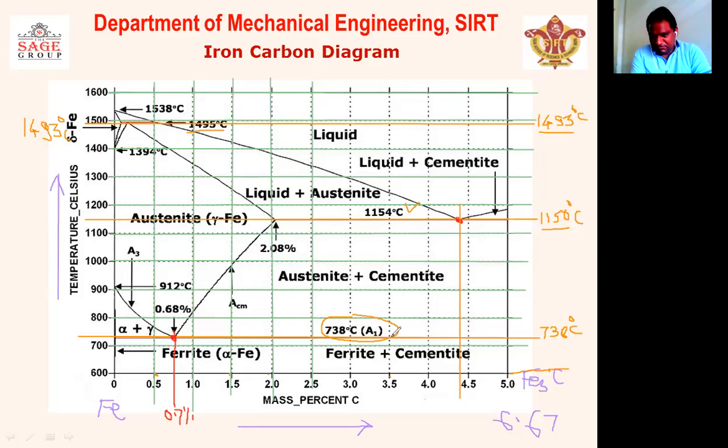That should be 4.3 percent of carbon. Then the next point we have to mark: the weight percentage of carbon value is 2.08, very near to 2, so you can take this point at 2%. So this is the next point.